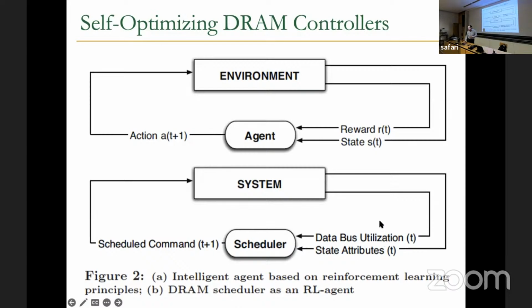In this particular case, we specify the reward as data bus utilization, but it doesn't have to be. It could be some other metric of performance because we're trying to optimize performance. And over time, it figures out what action to take in a given state to maximize long-term data bus utilization. That's the goal over here.